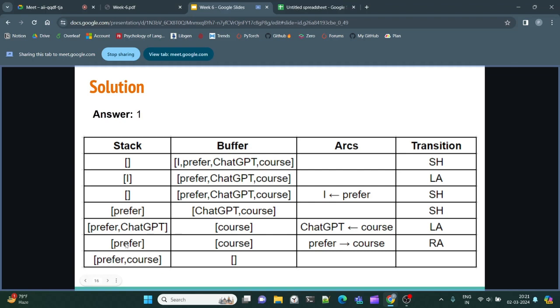You start from there and end your dependency at the top of the buffer. So the top of the buffer, that is course over here, would be the dependent word in this case. The direction changes. Left arc is from buffer to stack, right arc is from stack to buffer. But the origin is not always consistent. No. It's from buffer to stack for left arc only. Always for left arc, it starts at buffer. Always for right arc, it starts at stack.